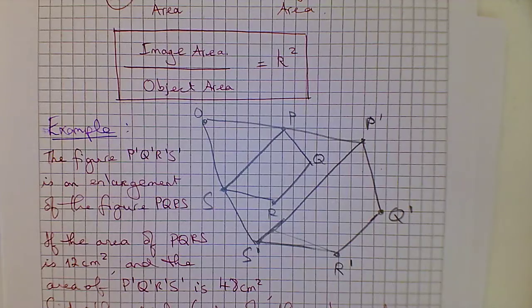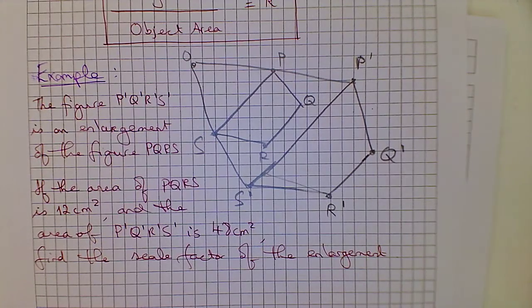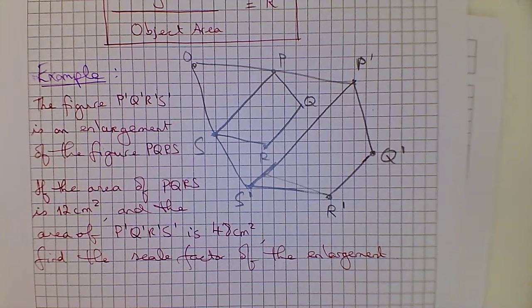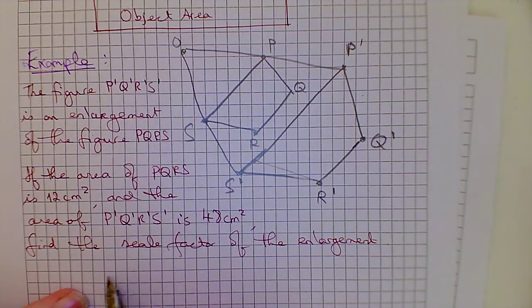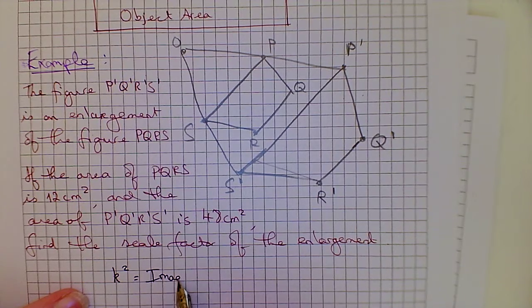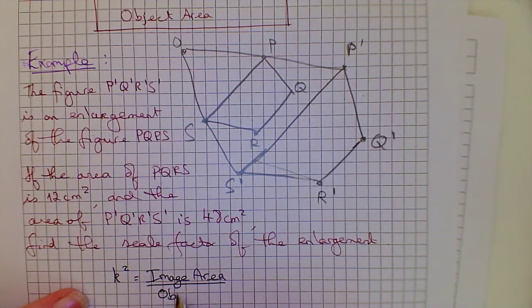Okay, so this is very straightforward. Sorry, I went off the screen there. This is very straightforward. We use the fact that I wrote up here, and it's that k squared is equal to the image area divided by the object area. And they told us those two things.